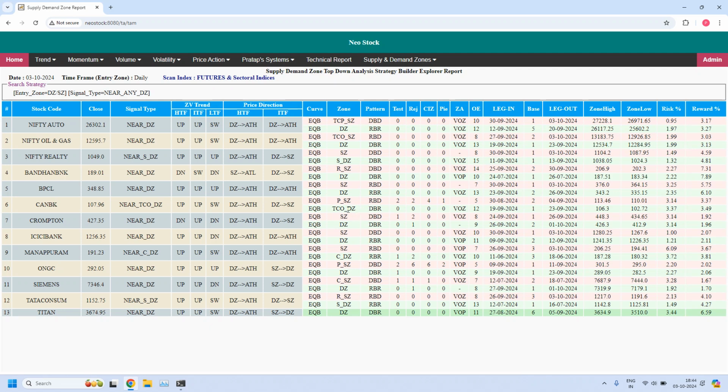This is a low priority high liquidity zone. TCO zones you already learned in the recent training lesson. And here we have Manappuram, a high liquidity zone is available. Today we discussed in our HLQ analysis about this stock.